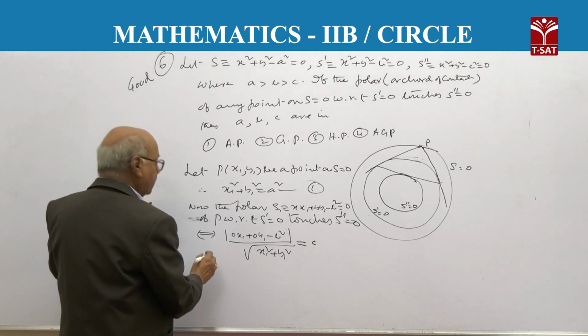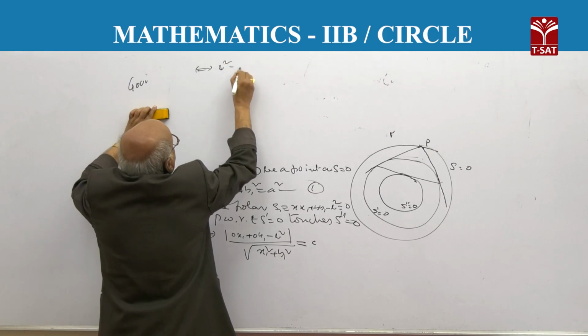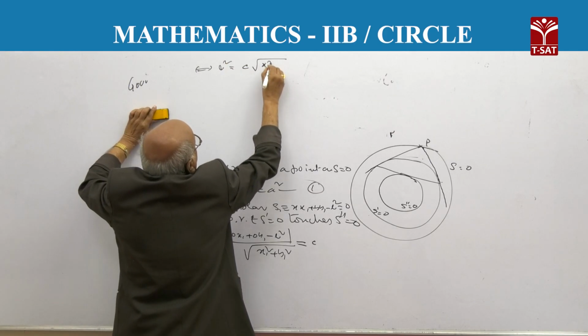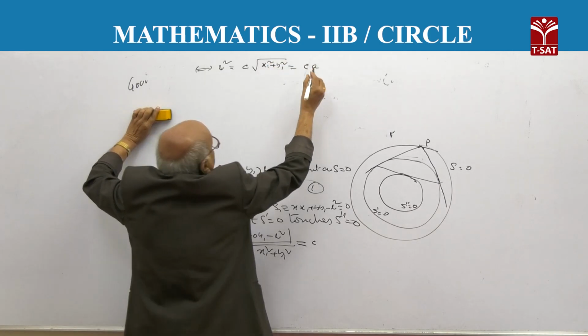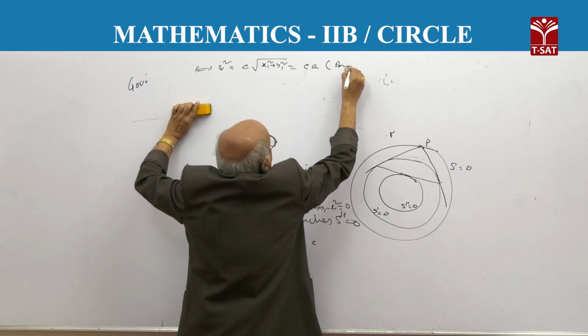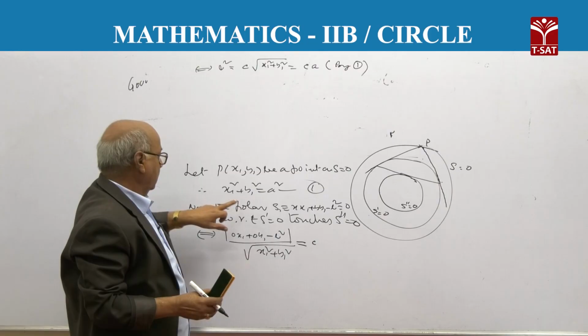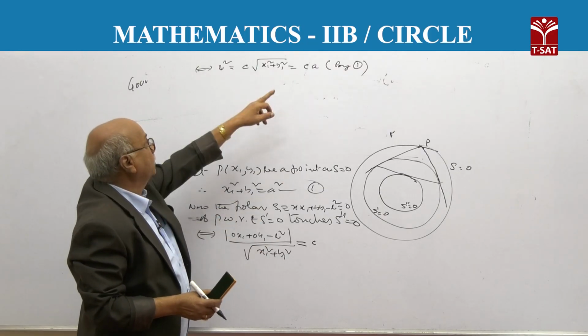So that is, if and only if b square is equal to c into root over x1 square plus y1 square. So that is c into a by reference number 1, because x1 square plus y1 square is equal to a square, so root over x1 square plus y1 square is equal to a.